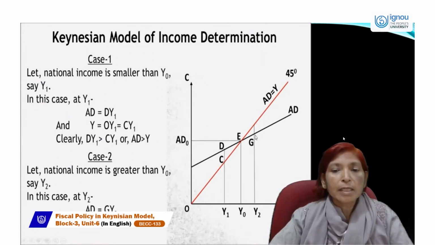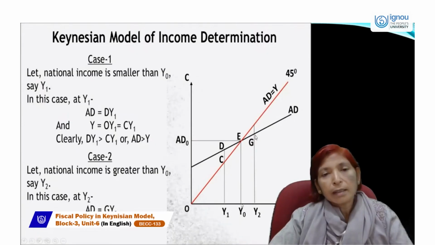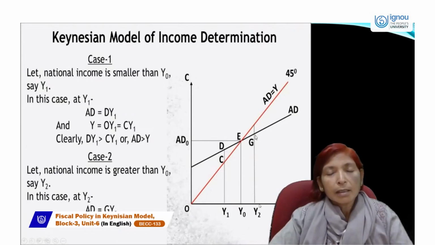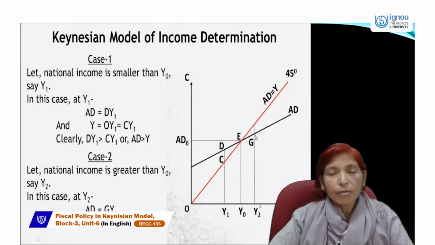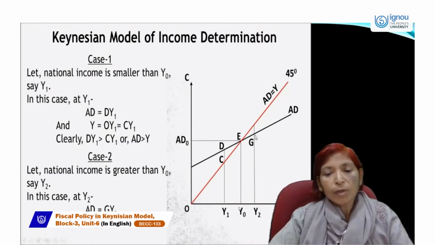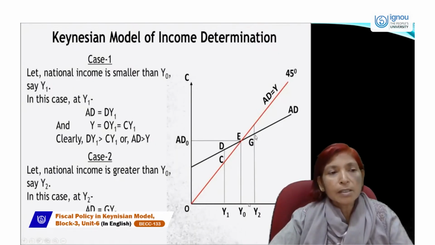E is known as the equilibrium point and the national income is OY0. The income levels Y1 and Y2 are different situations which show disequilibrium, but at the equilibrium point, income will always be determined at OY0.